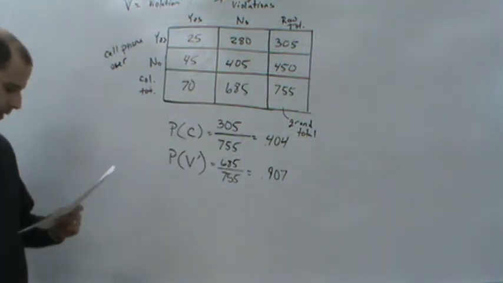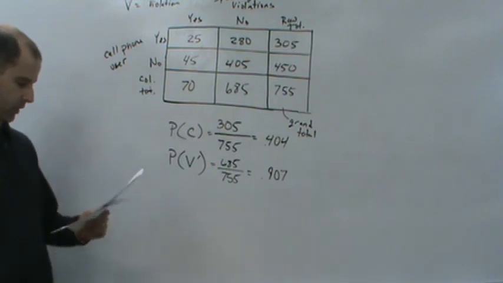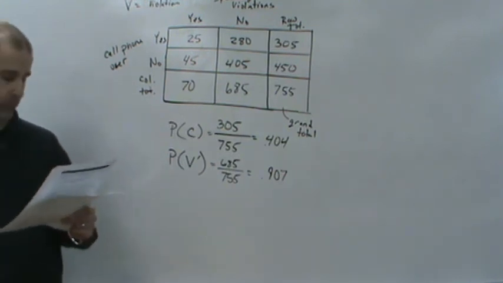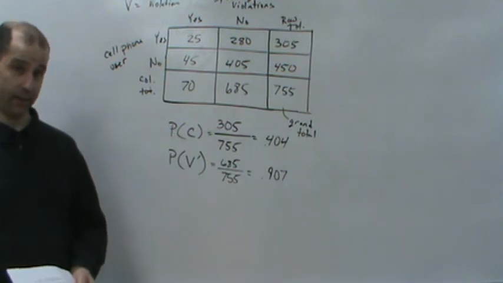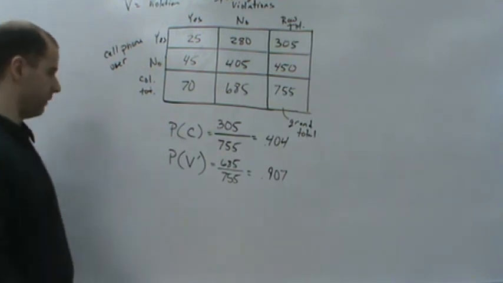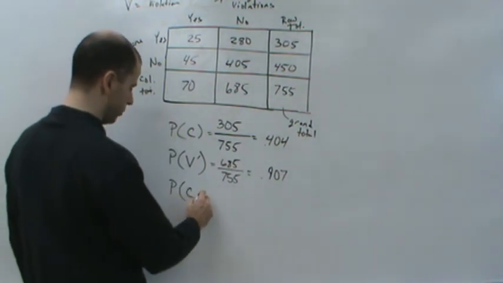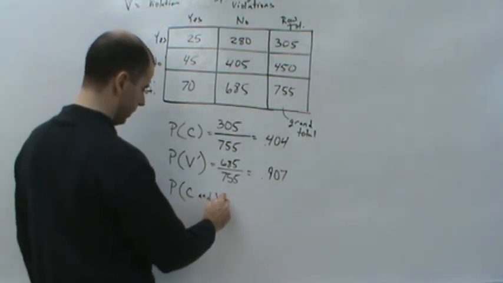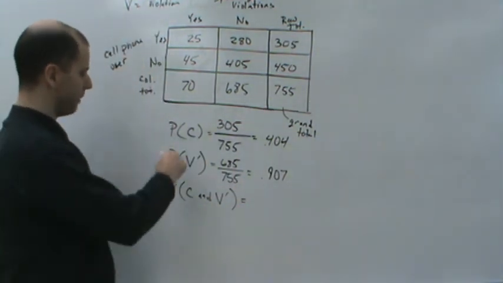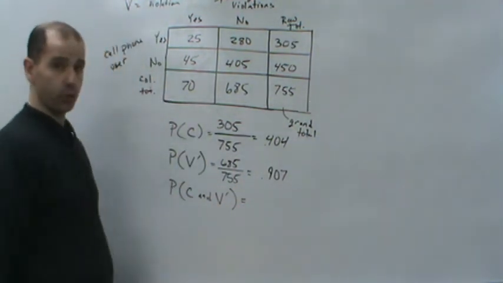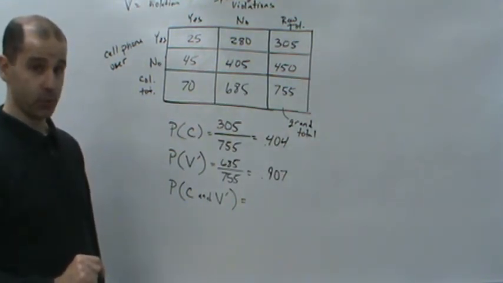Okay? And now the next one says, find the probability that a randomly selected person is both a cell phone user and has not had a speeding violation in the past year. So that's going to be C and not V. Okay, well, based on the table, how many people are cell phone users and have not had a ticket in the past year for speeding?